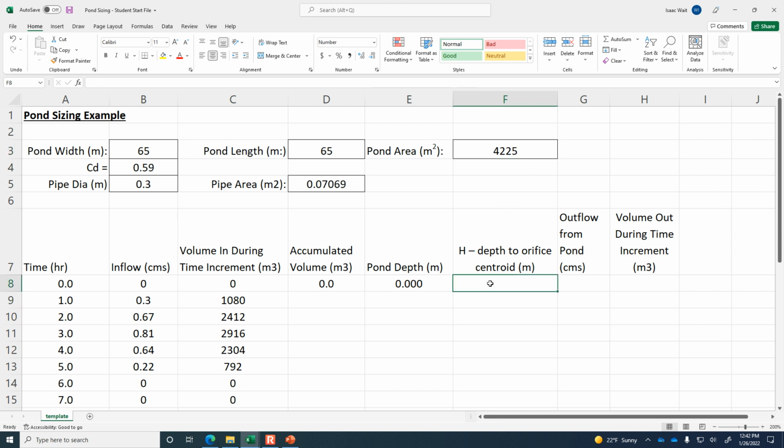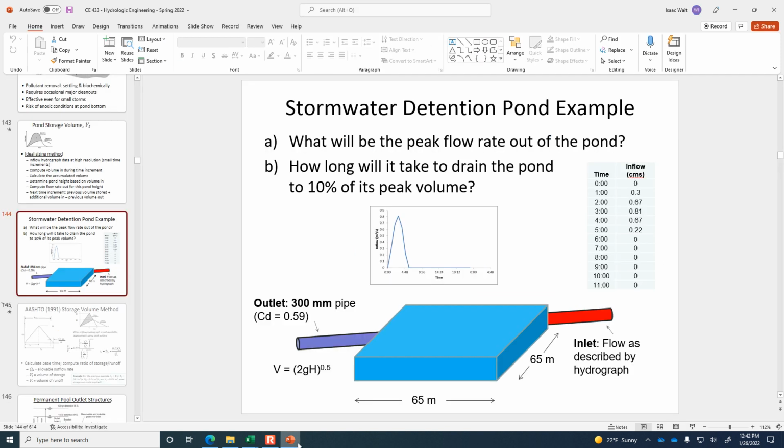Okay, the depth to the centroid, let's take a quick glance at this figure. So the bottom of the pond is here, and the invert of the pipe is at the bottom of the pond. So the center of the pipe is going to be above that by the diameter divided by 2.